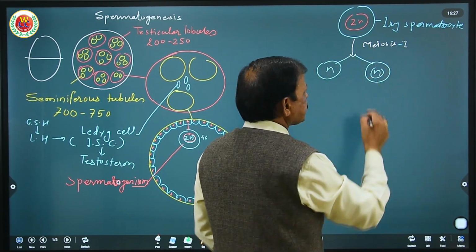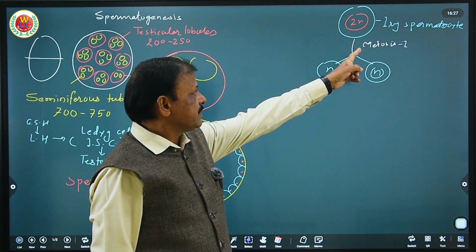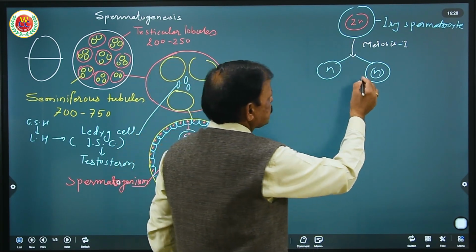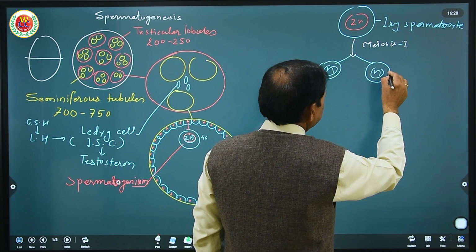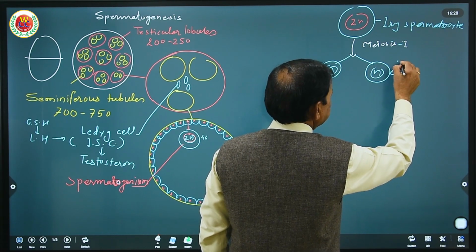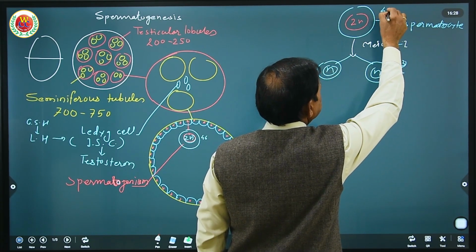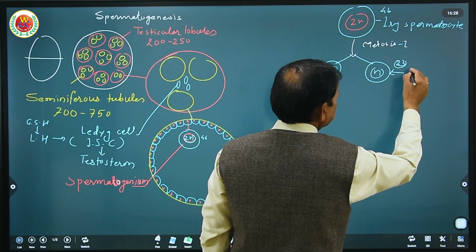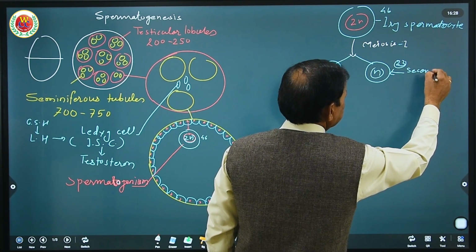This primary spermatocyte, which has 46 chromosomes, undergoes meiosis 1 and produces two haploid cells with 23 chromosomes each. These are called secondary spermatocytes.